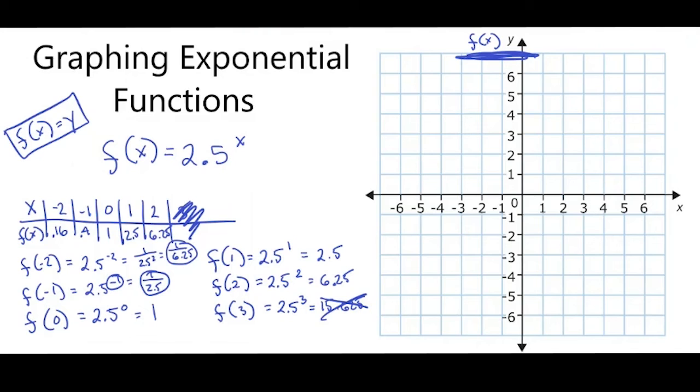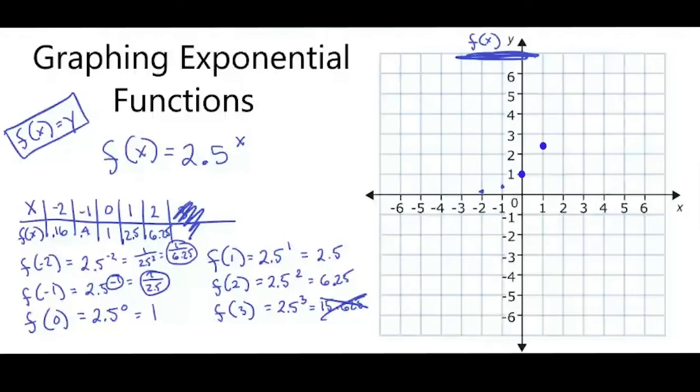So when x is -2, y is 0.16. When x is -1, y is 0.4. When x is 0, y is 1. When x is 1, y is 2.5.